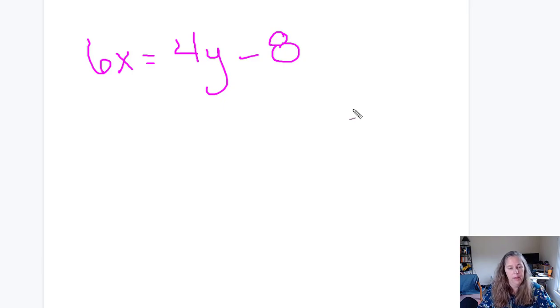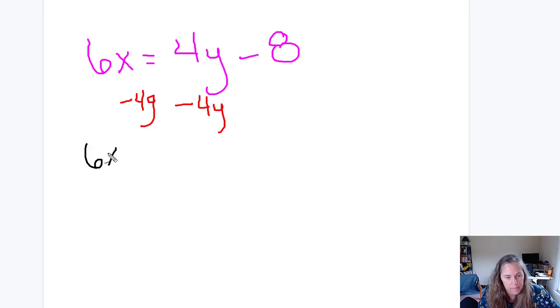The first thing we have to do, this is not in standard form because we don't have the x term, then the y term, then the equal sign, then the constant term. This 4y we need to get on the other side. So our first step is minus 4y to both sides. We get 6x minus 4y equals negative 8.